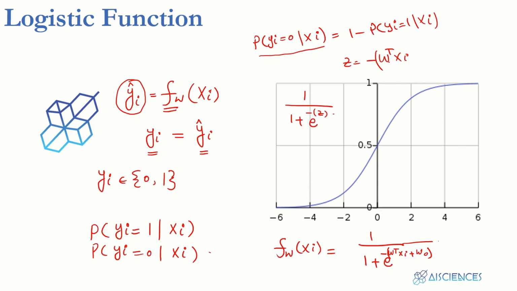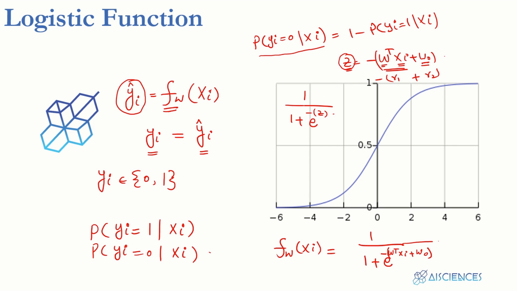So w is the parameter vector, having the same number of coordinates as there are in x_i, and this is the bias parameter w naught. Now obviously x is a vector, w is a vector, so that product is one real number, let's say r1. That's a real number, r2. And eventually if I add two real numbers and take a minus sign of that, z is a real number, maybe a positive number, negative number, maybe 0, whatever.